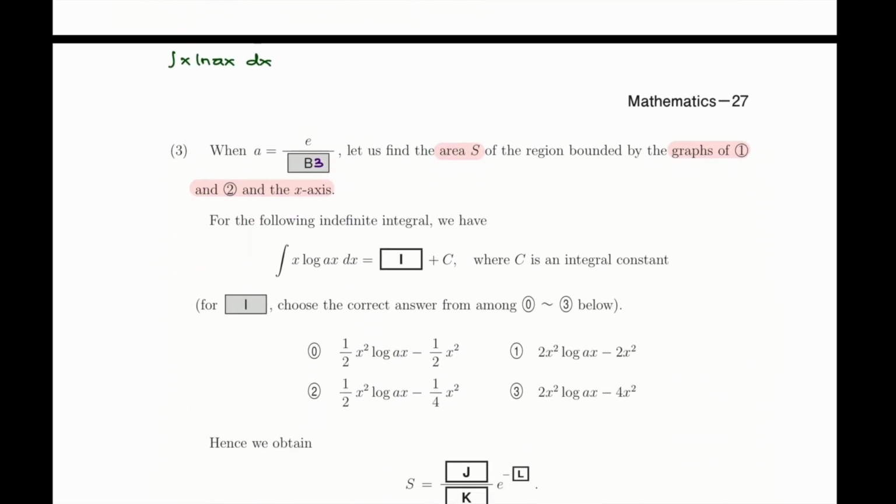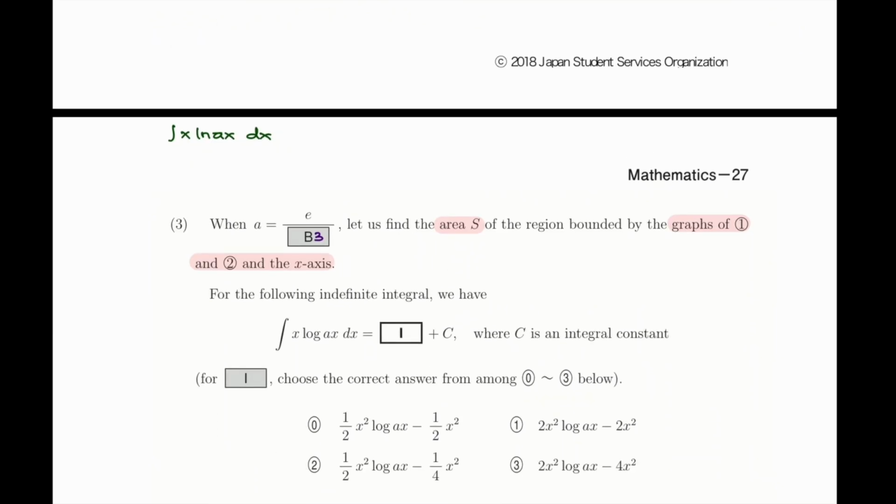To find the integration of x ln ax dx, we have to use integration by parts. The formula of integration by parts is integration of u dv equals uv minus integration of v du.